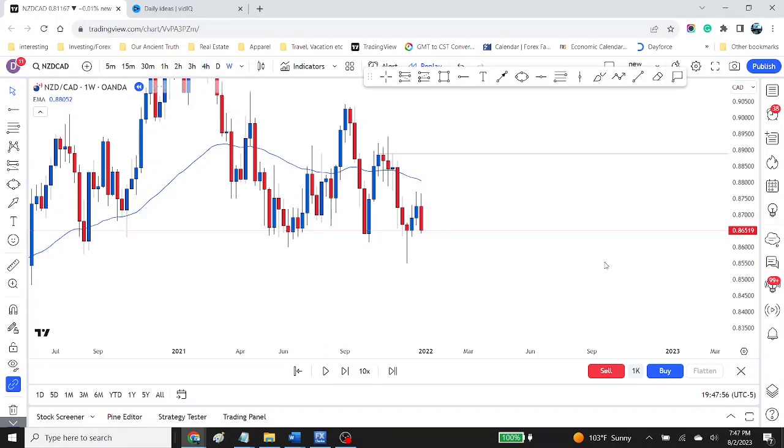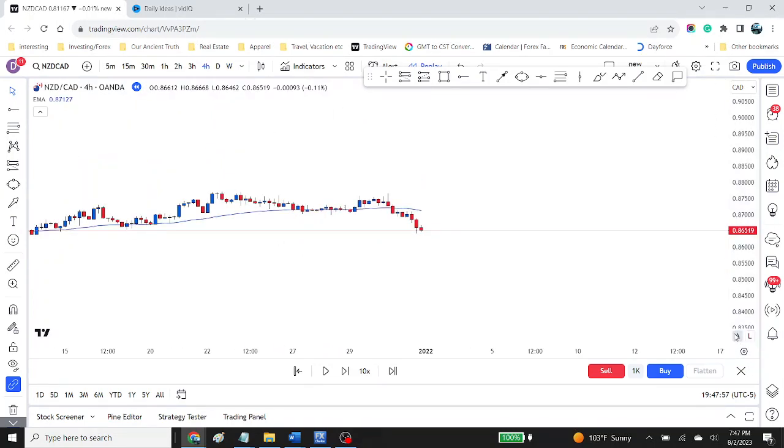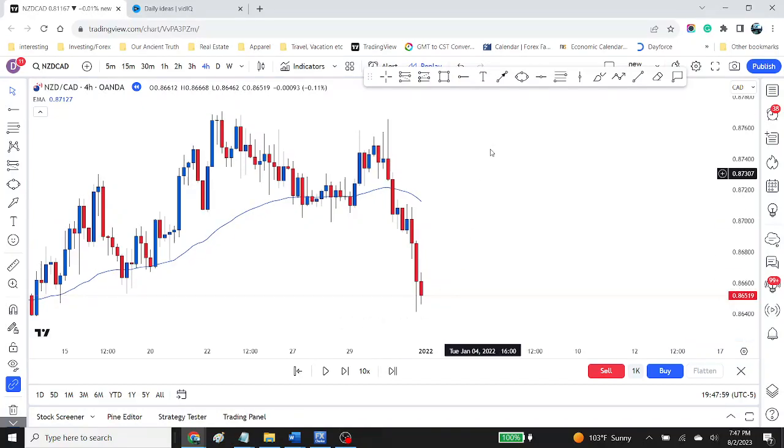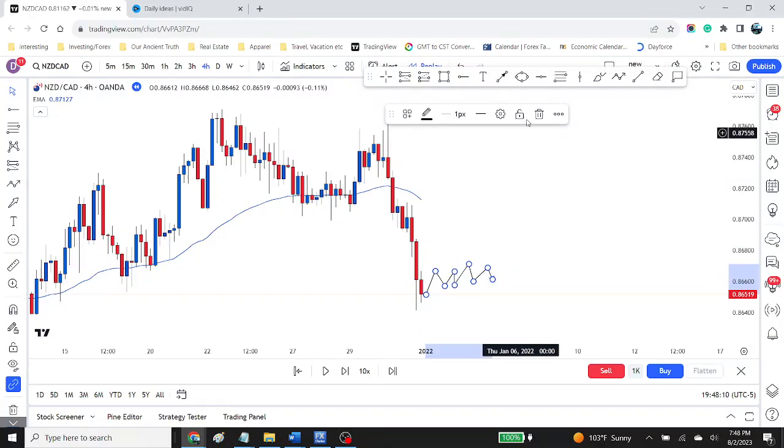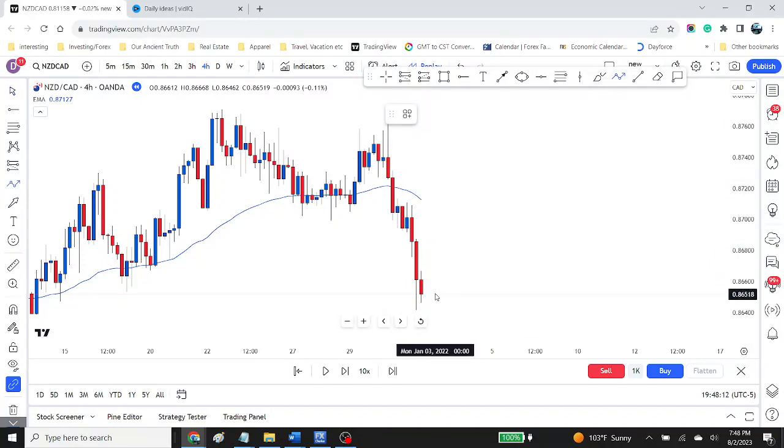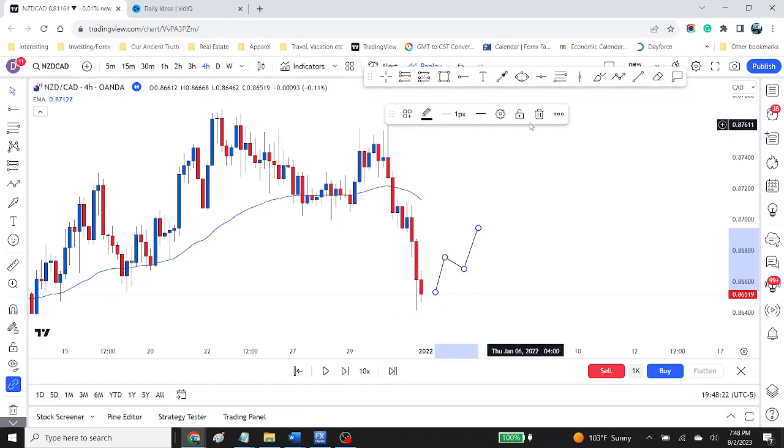I would wait for a legit pullback, not one of those bullshit pullbacks where it's something like this. No, that's not a pullback. I need price to actually come up like this. And once it pulls back, basically making the wick of this week, I'm going to enter on this week's wick. I'm going to show you exactly what I mean.